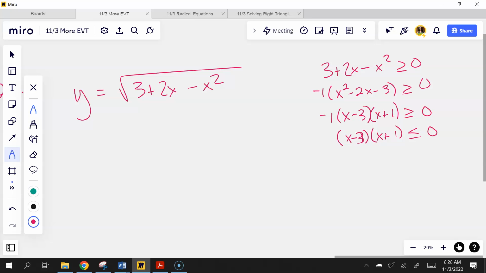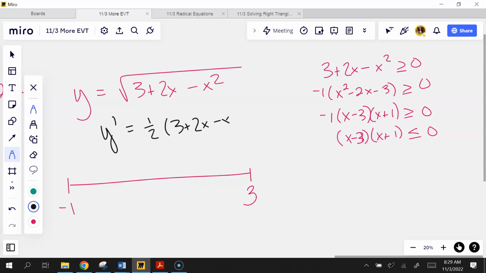Okay. I'm between -1 and 3. Those are the points here that I'm testing. So I need a derivative, because I always need a derivative. 1/2, 3 plus 2x minus x squared, to the -1/2, and then chain it, 2 minus 2x.